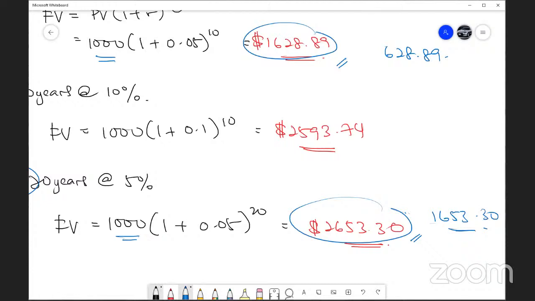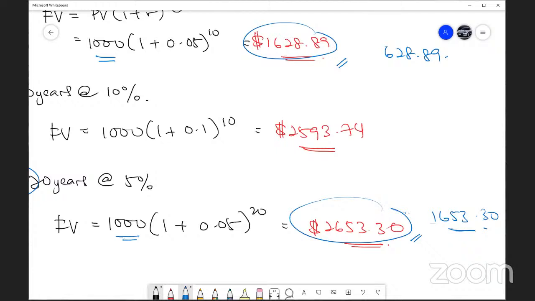But if you count the interest, 20 years has more than double what you have in A, because interest is being compounded for an extra 10 years. All right.